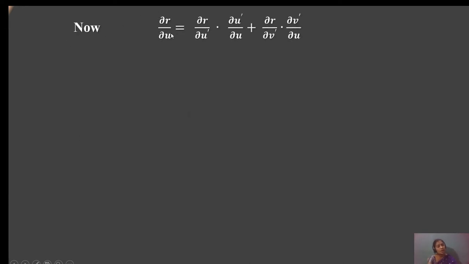Okay, now del r upon del u equals del r upon del u dash times del u dash upon del u. This is the chain rule, used for expanding the condition.